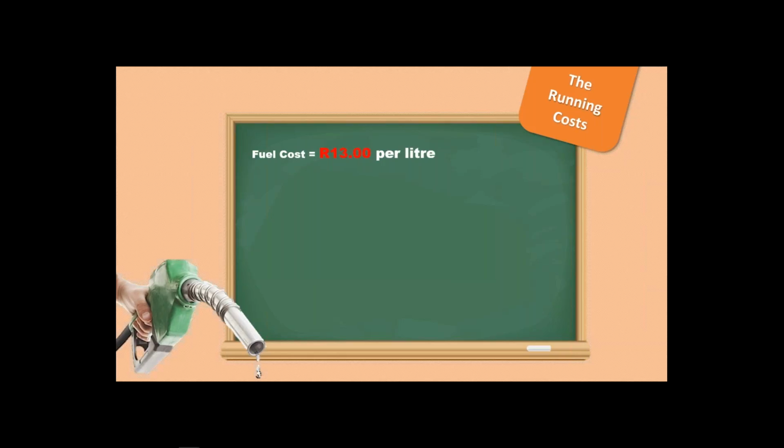Now, some of you might say, well, 13 Rand per litre. What the heck? Do we pay that much? Now, what I do in my business, you can go exact on what the petrol rate is now. I don't even know what it is. I try and overcompensate a little bit because the petrol prices change every first Wednesday of every month. You're not going to go back and do your calculations every single month.